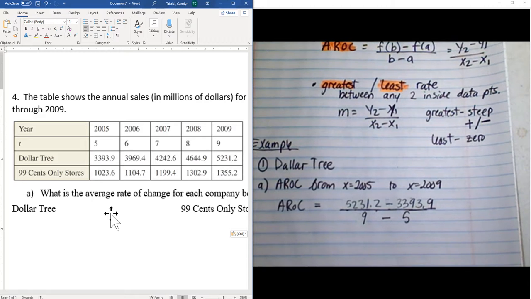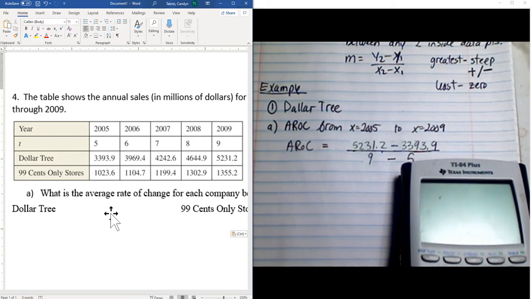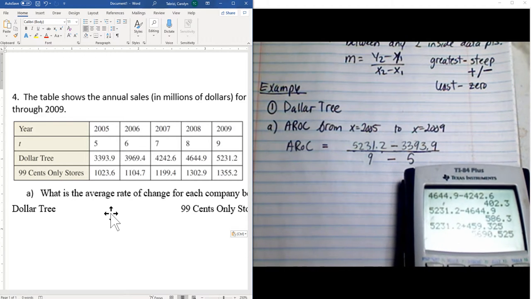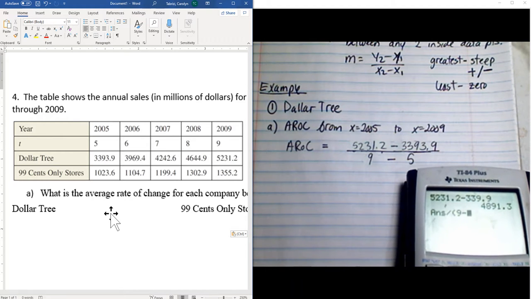Now here, if you do have a calculator, now would be the time to use it. Okay. There we go. See if I can get this in here. 5231.2 minus 3393.9, divided by 9 minus 5.